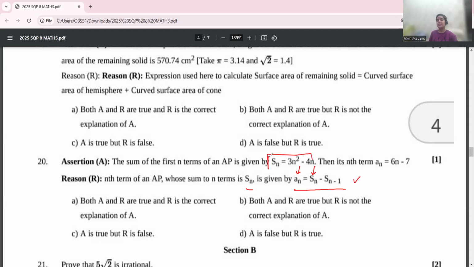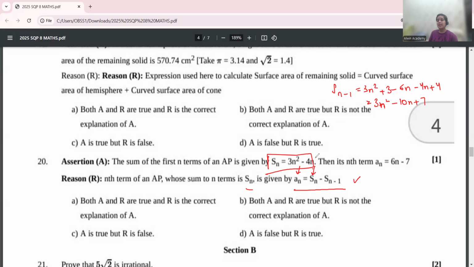If Sn is given as 3n square minus 4n, we find Sn minus 1, that would be 3 into n minus 1 whole square, so 3n square plus 3 minus 6n, and minus 4n plus 4, that is Sn minus 1. Simplifying it, we have 3n square minus 10n plus 7, and Sn is given as 3n square minus 4n.